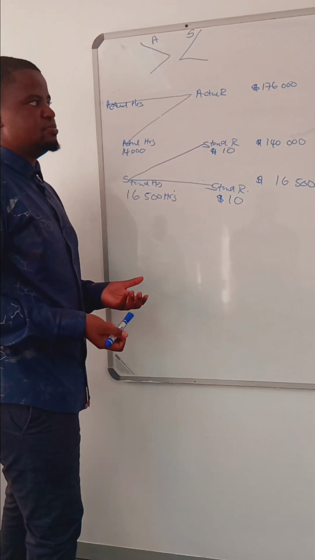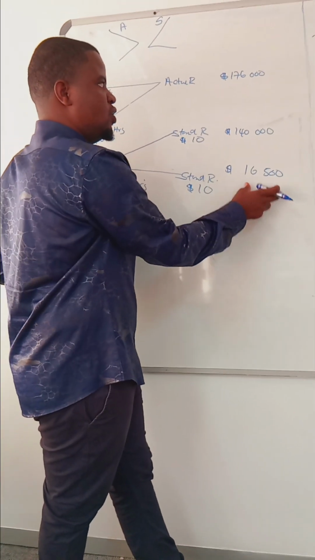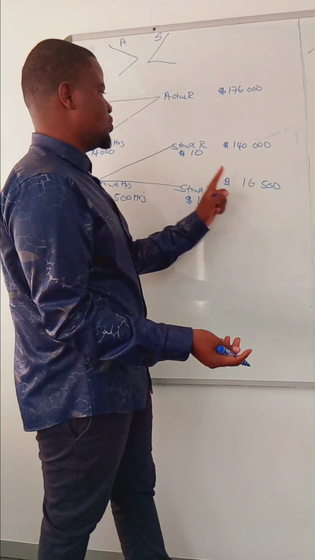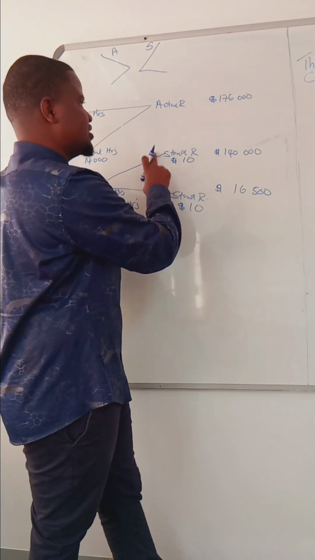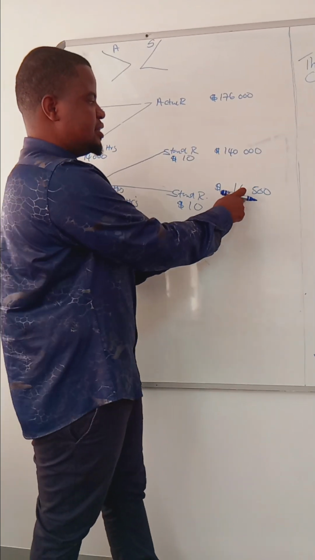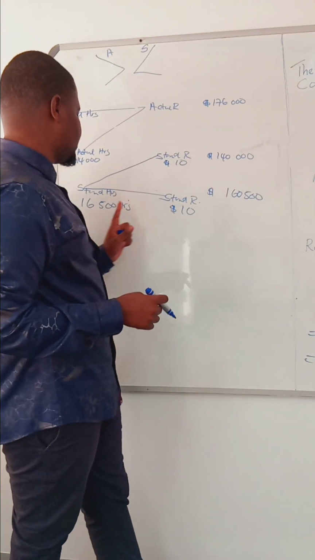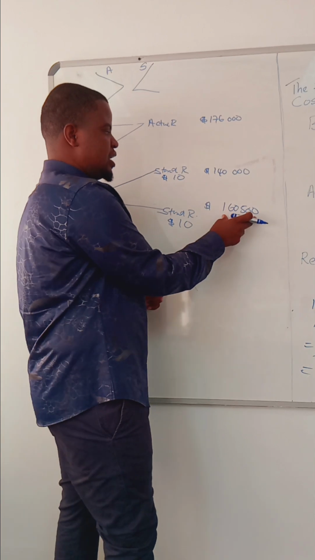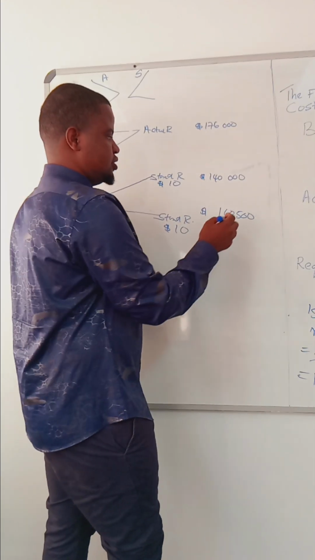So it is now simple to get your variance. We come from the bottom, going up, so we use the bottom-up method to calculate our variance. Remember, the difference between these two is the labor efficiency variance, and the difference between the other two is the labor rate variance. 16,500 times 10 is 165,000. Then 165,000 minus 140,000 is how much here?